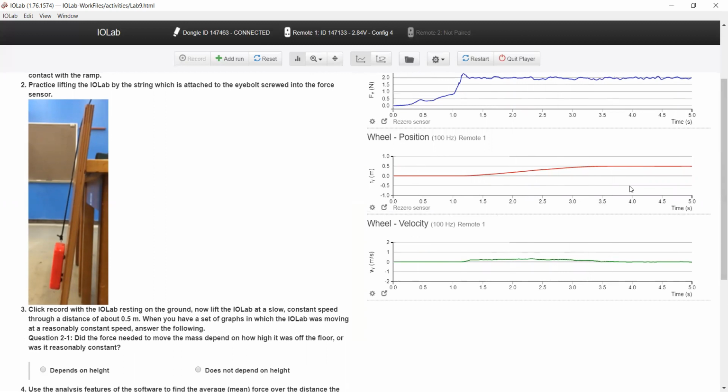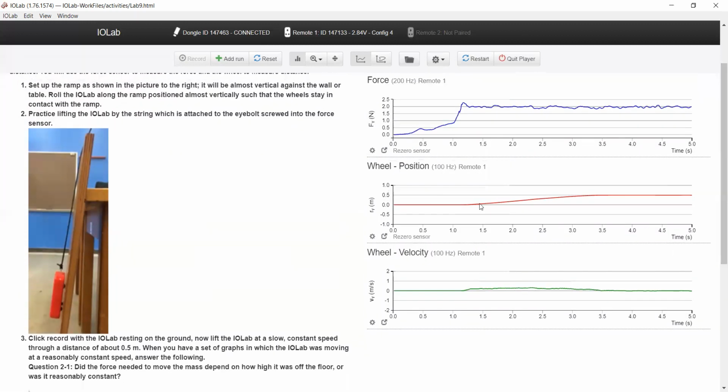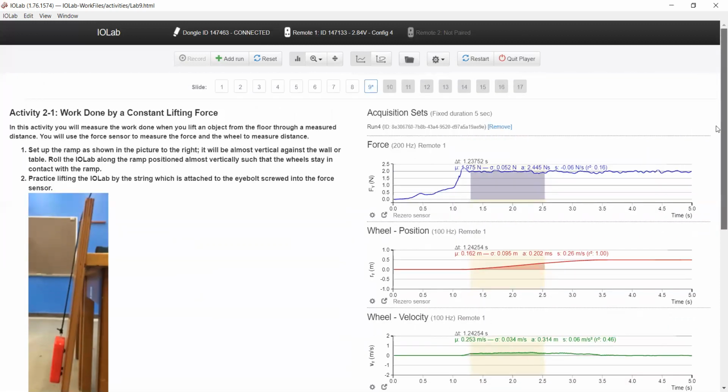For you also, use a similar concept, and the average force is for the motion only. So when you move from here to here, you can select from this here. How do you take the average? First let me remind you, you have to click on this icon, then you select the region you want to take the average of. So we want the motion, so we'll select from the start to around the whole thing.